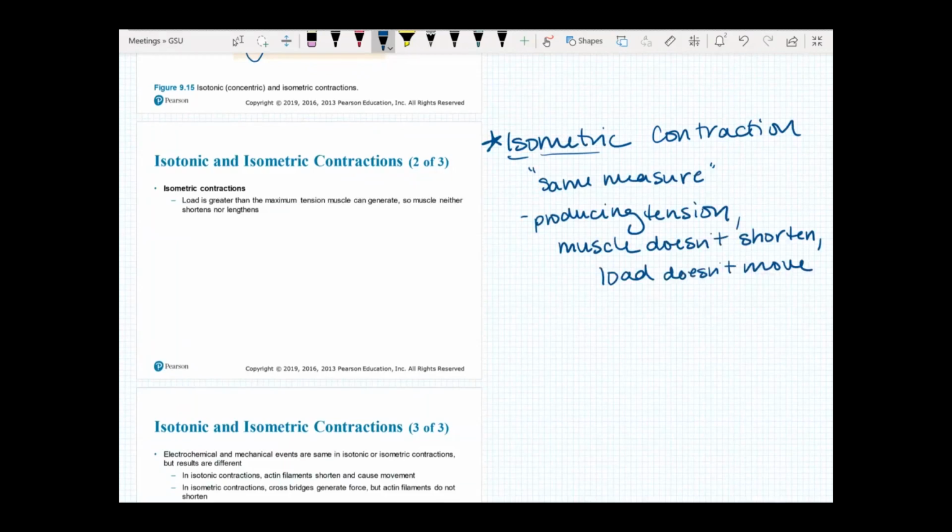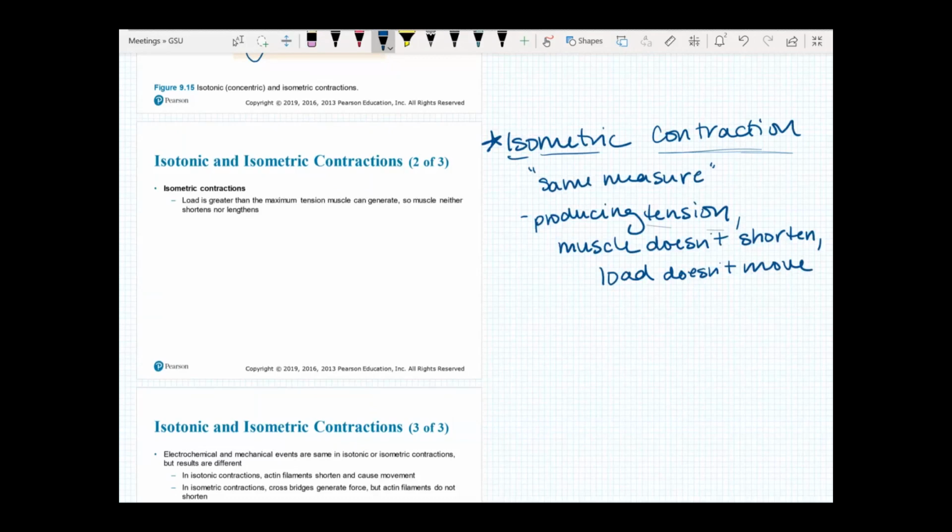An example of this is you trying to flip your car upside down. If you push on the side of your car, you are generating tension in all of your muscles, but you are not going to generate enough tension to flip the car. So you're still doing an isometric contraction. You're still contracting because you're producing tension, but the muscle has not moved, so the muscle stays the same length.